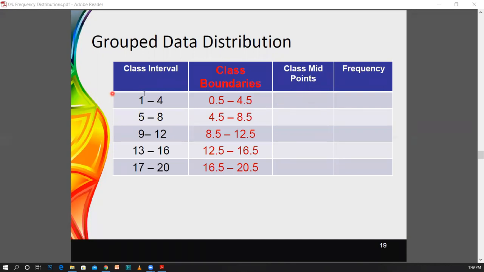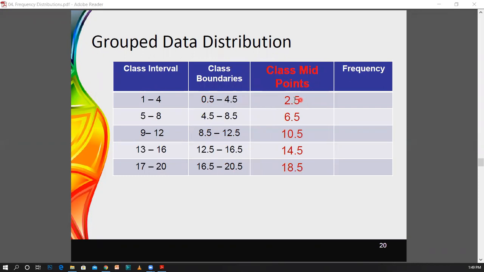Or else if you add the class intervals together and divide by 2, you will get the same result. Therefore, I am using these class boundaries to obtain the class midpoint. Therefore, 0.5 plus 4.5, the value is 5, divided by 2 gives you the first class midpoint. Therefore, the class midpoints obtained are 2.5, 6.5, 10.5, 14.5, and 18.5.